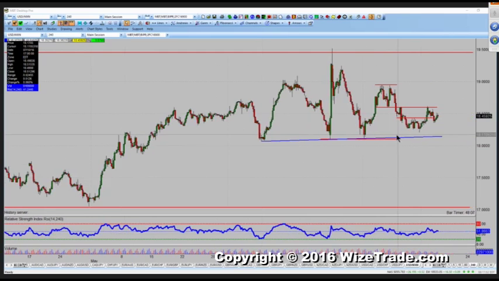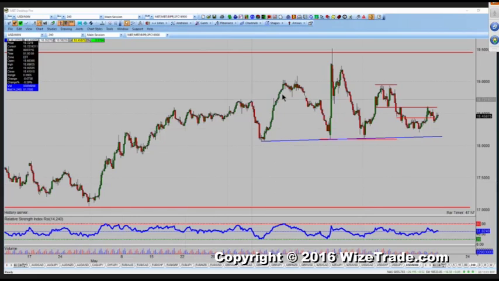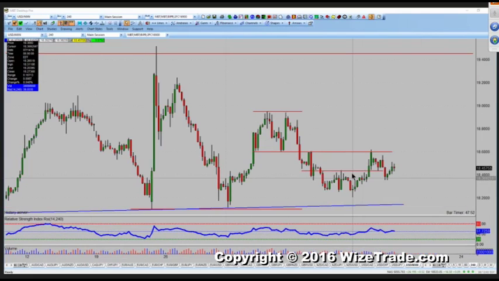But I don't know if there's a whole lot to do with the peso right now. You know what I mean? I mean, 18.60 is going to be resistance. That's easy, right? 18.6000. And then support, I'll write down support right here. Hold on really quick.